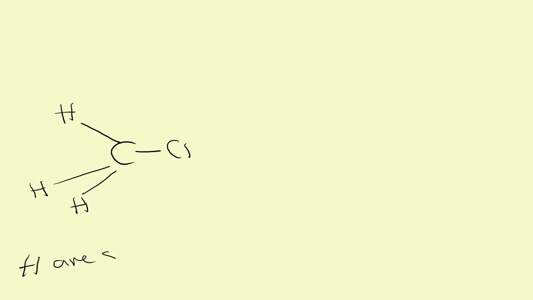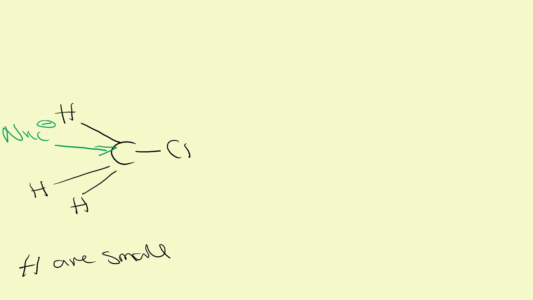So say we've got our halogen here, that's chlorine, and we've got H, H, H. And these are all bonded. Now, H groups are small, so our nucleophile can easily get past to attack.